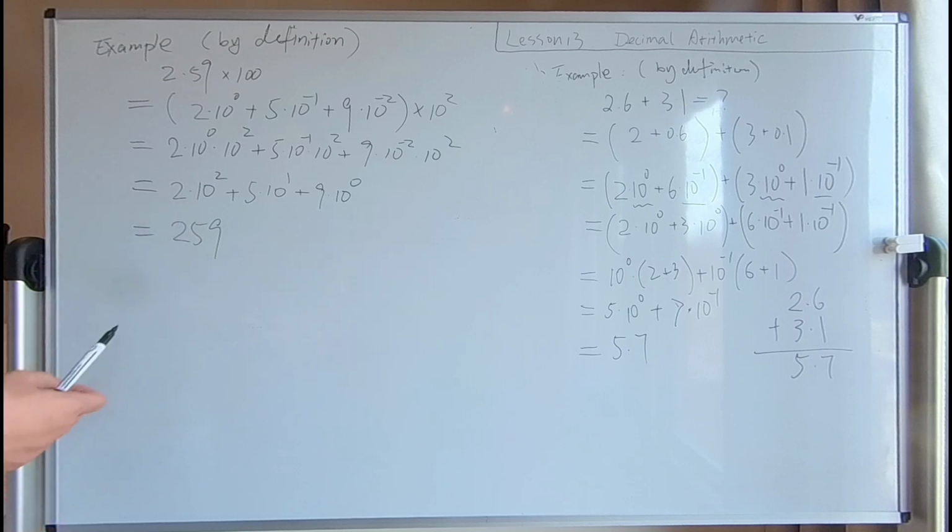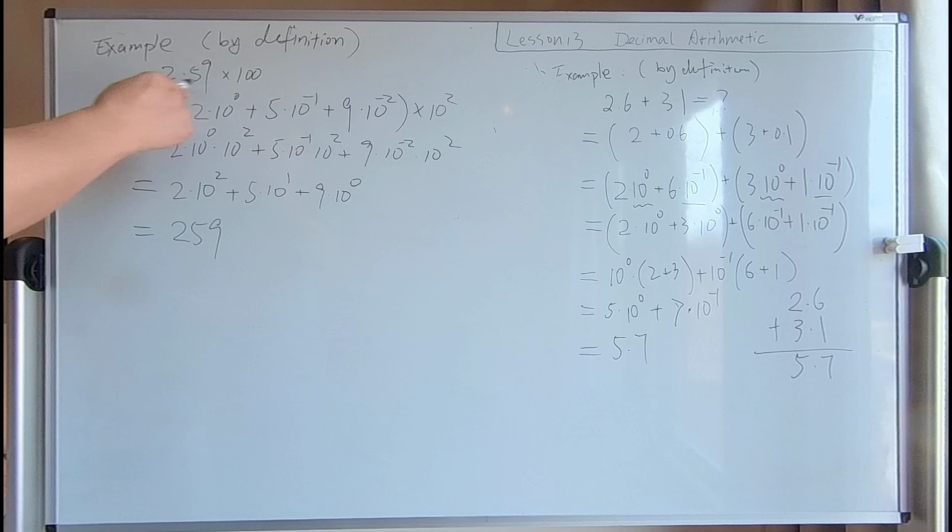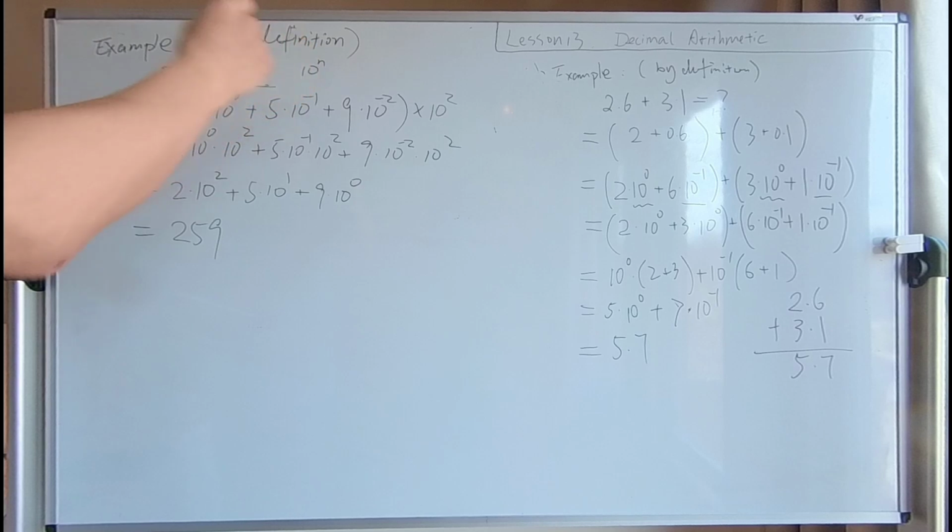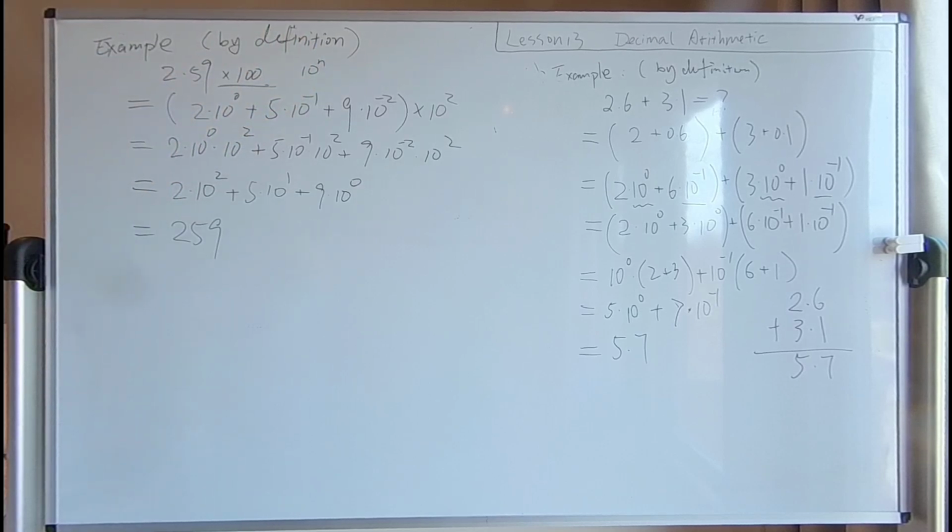And you can also tell that if I'm multiplying a decimal number by tens or hundreds, or any number as 10 to the nth power, you do not change the numbers in each digit. You're changing the decimal point, right? 259 is equivalent to 259.0, right?